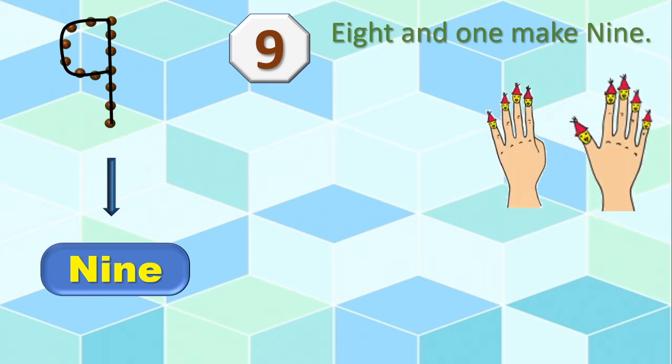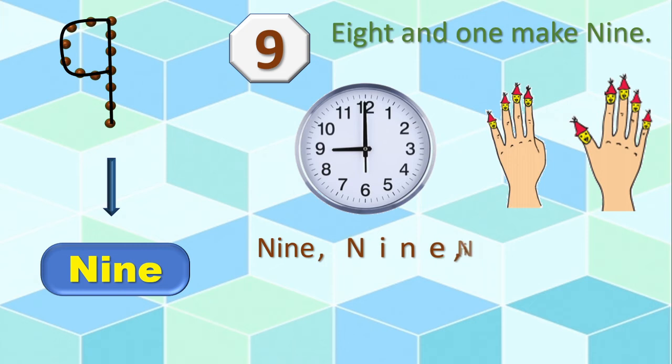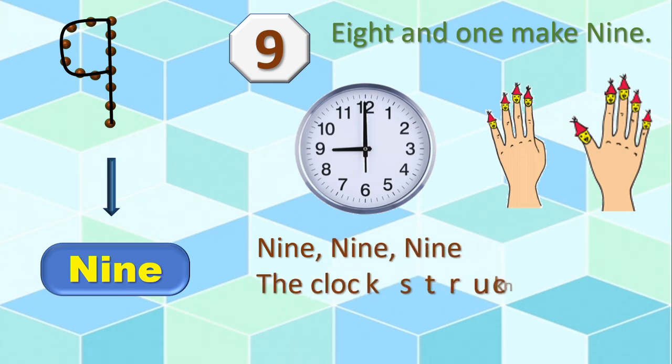Here you can see 9 fingers along with the caps. In one hand 5 fingers are there and in the other 4 fingers. Right? There are a total of 9 fingers. And here you can see 9, 9, 9.